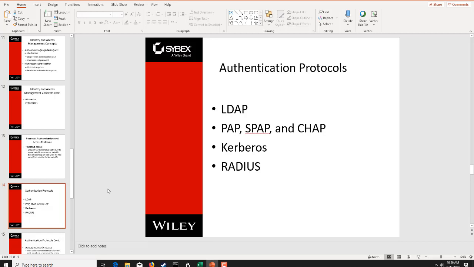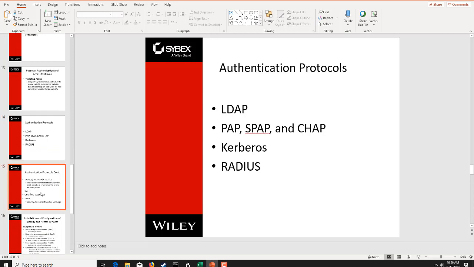RADIUS is an open source protocol that is used for third-party authentication, or third system authentication, where you can connect in Kerberos or LDAP or Active Directory, or you can even have a local database for authentication. We see that a lot in AAA in infrastructure.